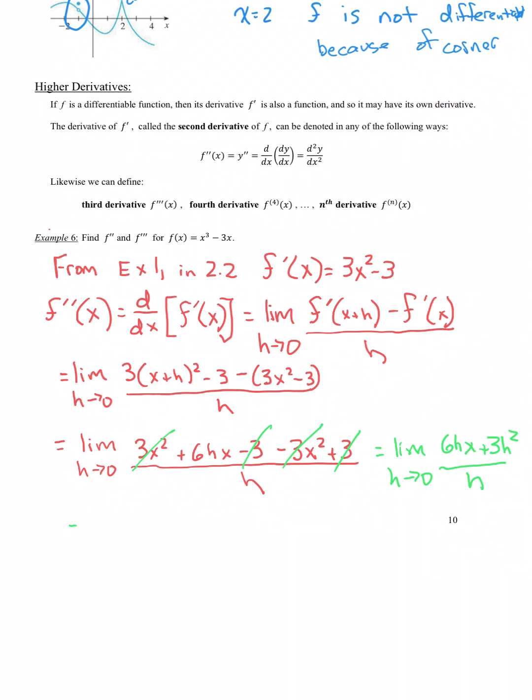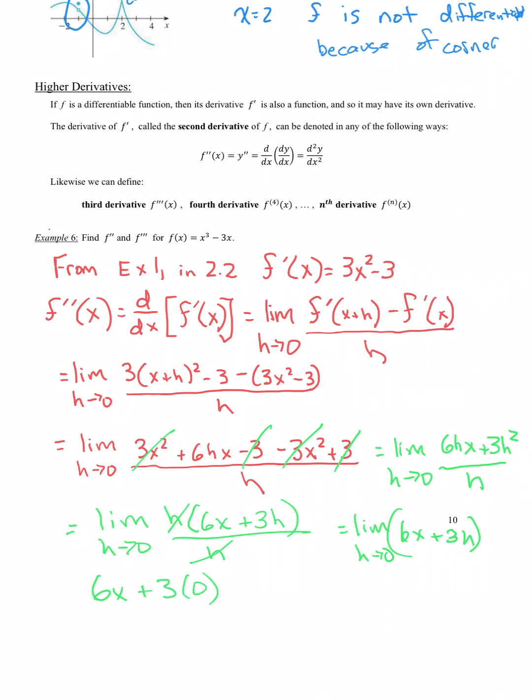Okay, from here, we're going to go ahead and factor out that h. And we're left with the limit as h goes to 0 of 6x plus 3h. We can substitute in.